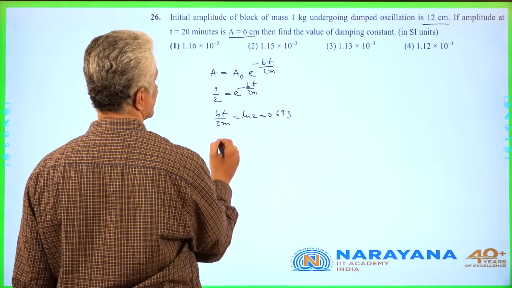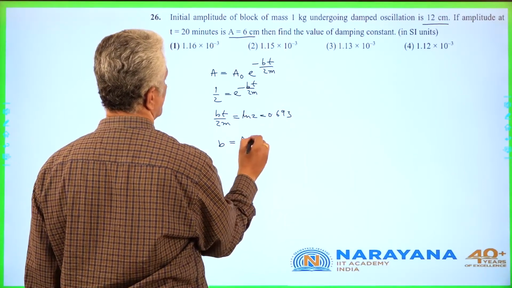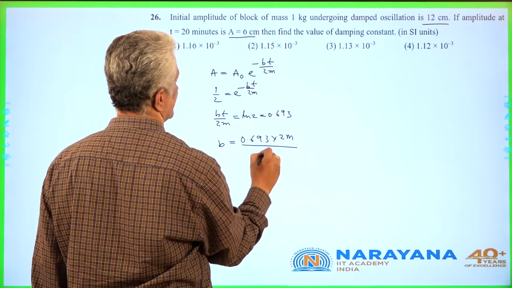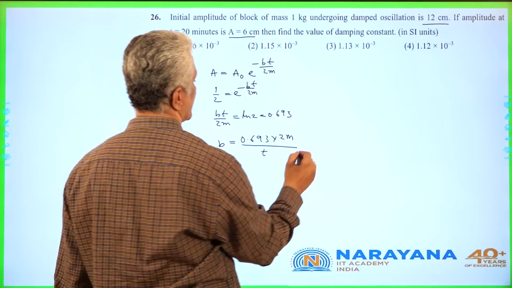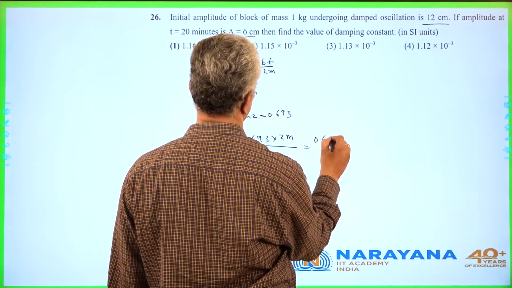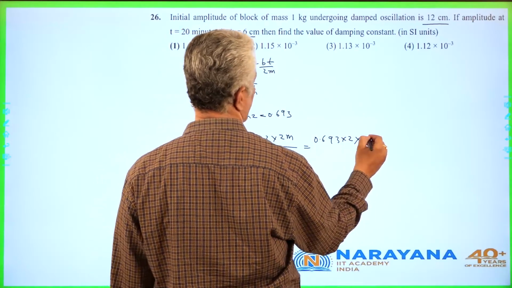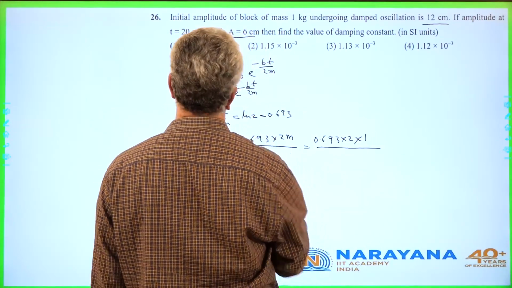From this, the damping constant b will be 0.693 into 2m by t. That is 0.693 into 2 into mass, which is 1 kg, by time, which is 20 minutes.